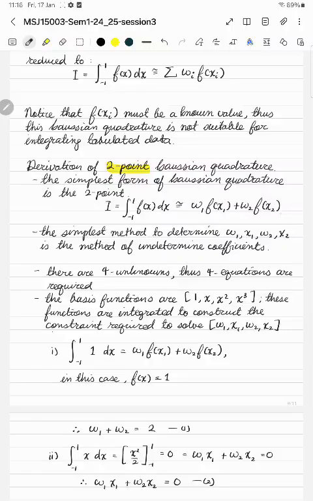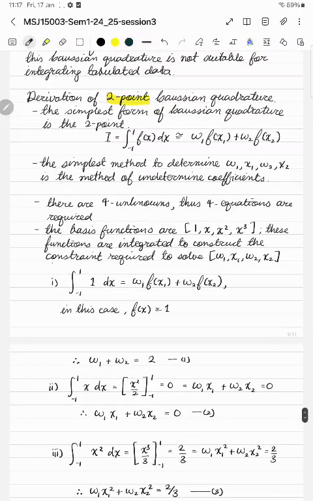You cannot use any arbitrary x values. They must be within -1 to 1, and they are unique. The idea of Gaussian quadrature is that you use basis functions. Now that you have 4 unknowns, you need 4 basis functions to create 4 equations to solve.